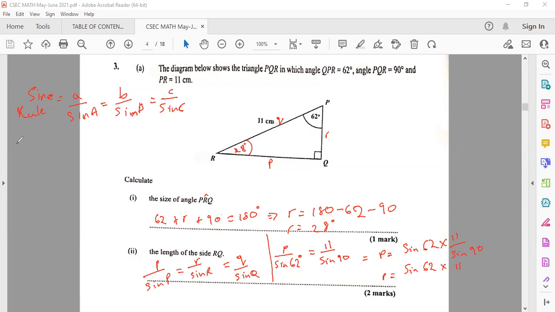So I got 9.71. You got 9.71. Excellent. I also got it using the sine ratio.